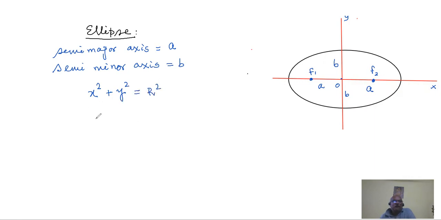I am doing a manipulation: divide r square with every term. So that becomes x square by r square plus y square by r square equal to r square by r square, that is 1.